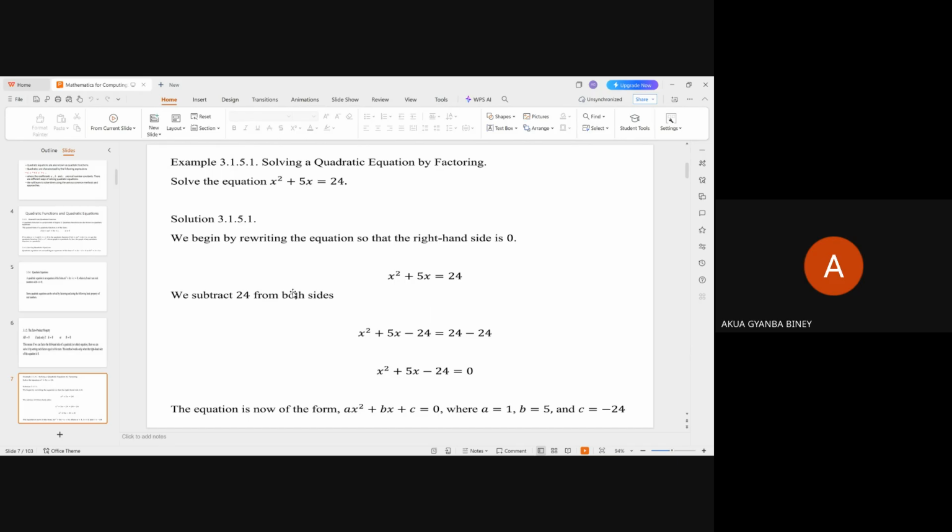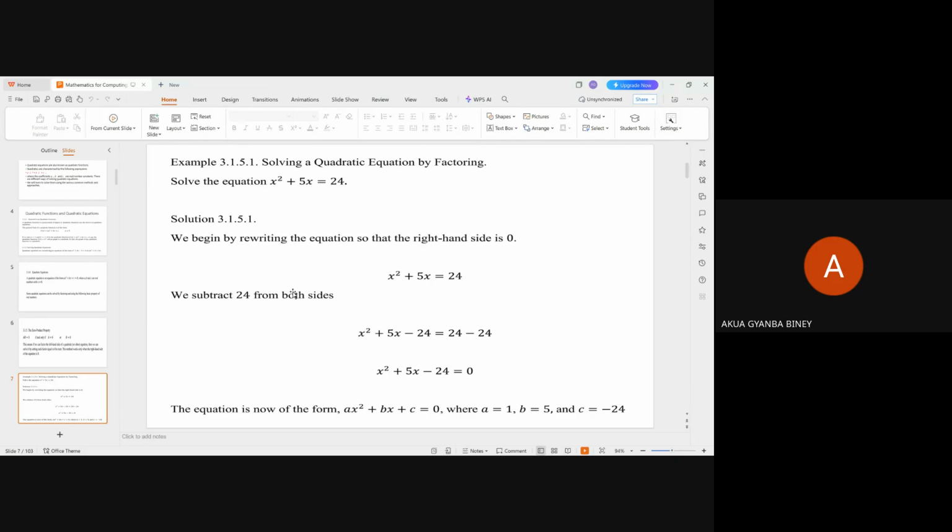So we begin by rewriting the equation so that the right hand side is 0. Having x squared plus 5x, you bring the constant on the right hand side to the left hand side so that the whole equation is equal to 0.